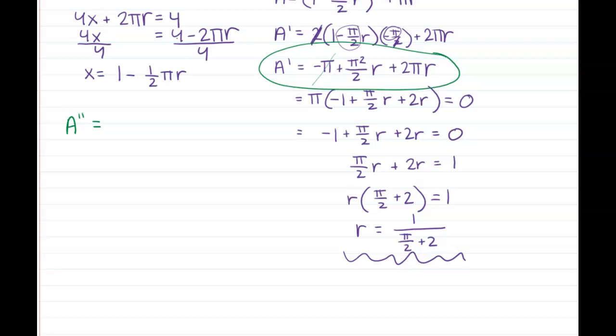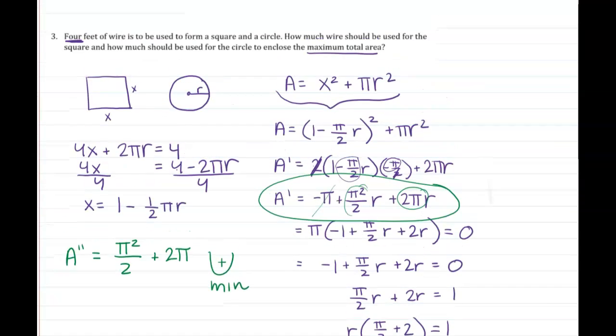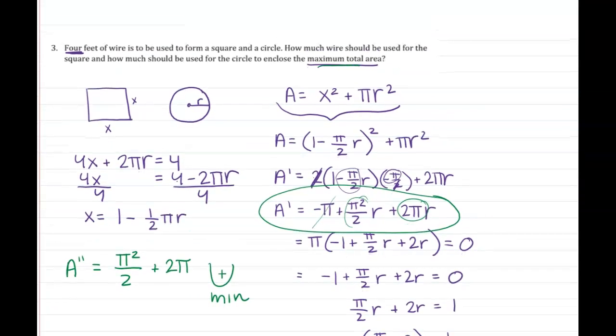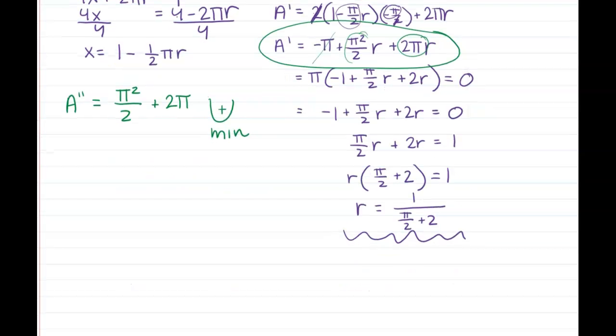Pi squared over 2 times r, this is just a constant, so we have pi squared over 2. This is also just a constant, plus 2 pi. This is some positive value, so this must be a minimum. And then we're like, wait, what were we trying to find? Shoot, we were trying to find the maximum total area. So what's the answer? Endpoints.